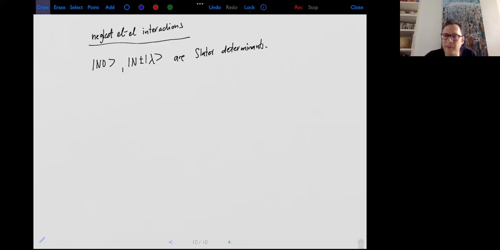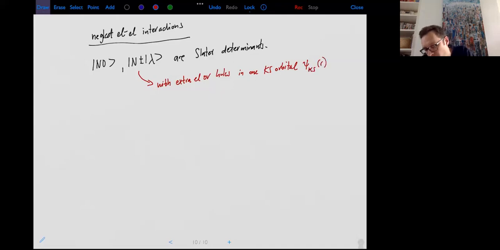Of course, when there are interactions, we should think of them as linear superpositions of potentially many Slater determinants. Basically, these states with an extra electron have it in a particular Kohn-Sham orbital, so these n plus minus 1 states differ by the occupancy of one Kohn-Sham orbital.